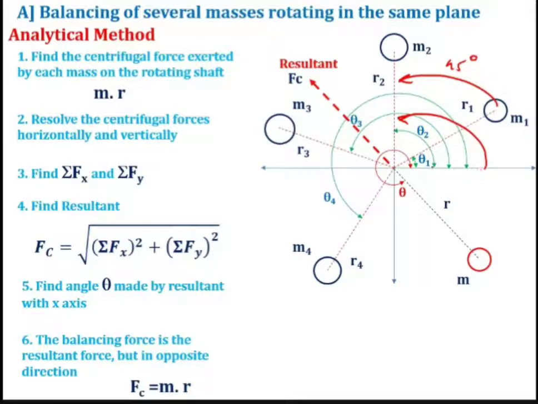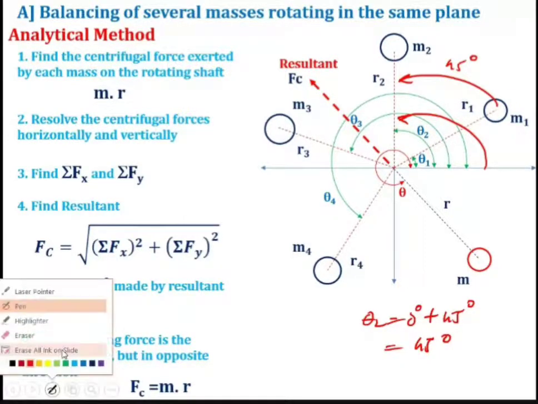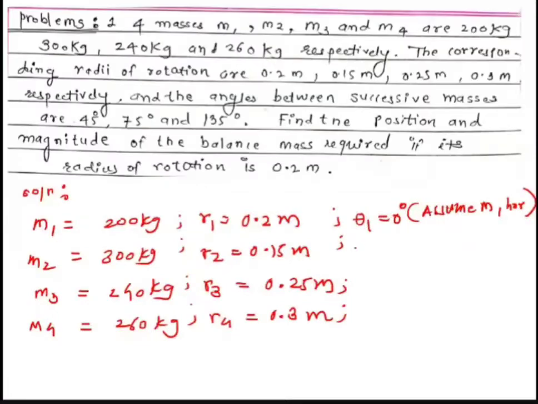Theta 1 is already 0 degree, so theta 2 will be 0 degree plus 45 degree, that is equal to 45 degree. I hope you understand this. Similarly, you have to go on adding. We have to measure from the horizontal axis, and I have assumed that mass M1 is on the horizontal axis, so theta 2 is equal to 45 degree.